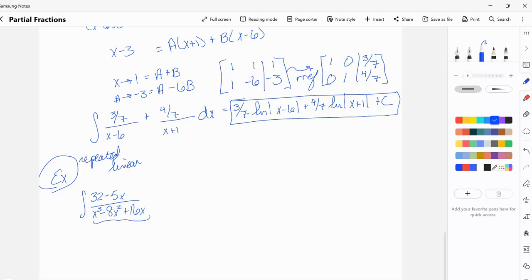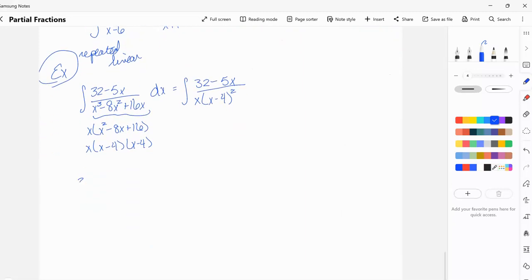So we need to factor that denominator. We could factor an x out, leaving us with x squared minus 8x plus 16, and that factors into x minus 4 times x minus 4. So you can see how we have that repeated linear there. So this guy is really 32 minus 5x all over x times x minus 4 quantity squared.